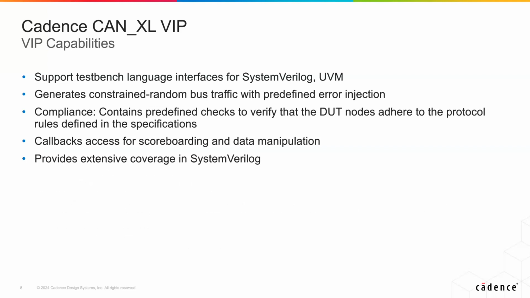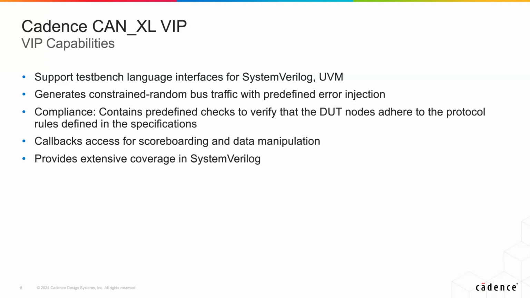For example, if your DUT or IP sends an invalid frame, we will detect it and notify you about the invalid format. Furthermore, our VIP provides you with many callbacks that you can use to synchronize your testbench, to create scoreboards, to do side checkers. The sky is the limit using callbacks.